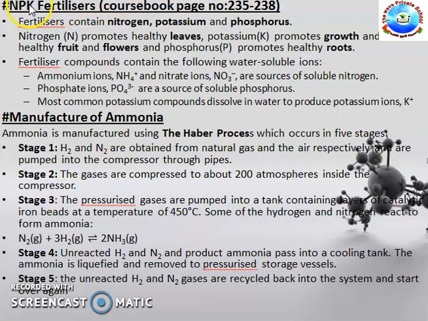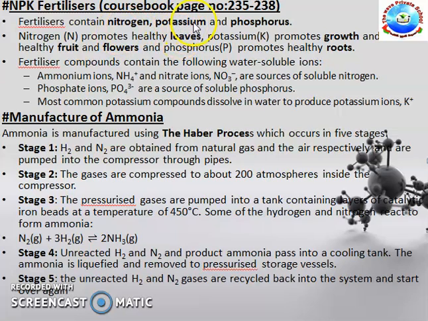Now student, tell me what is N? That is nitrogen. P is phosphorus and K is, what is K? It is potassium. Okay, so see now, fertilizers contain nitrogen, potassium and phosphorus. So nitrogen promotes healthy leaves. So what is the work of nitrogen? We will see nitrogen first. It promotes healthy leaves.